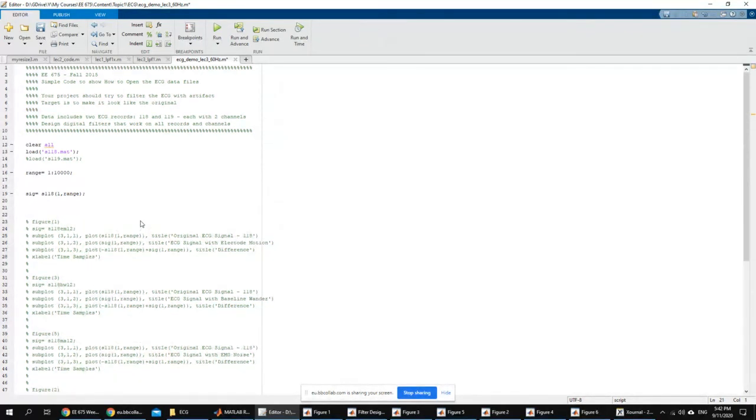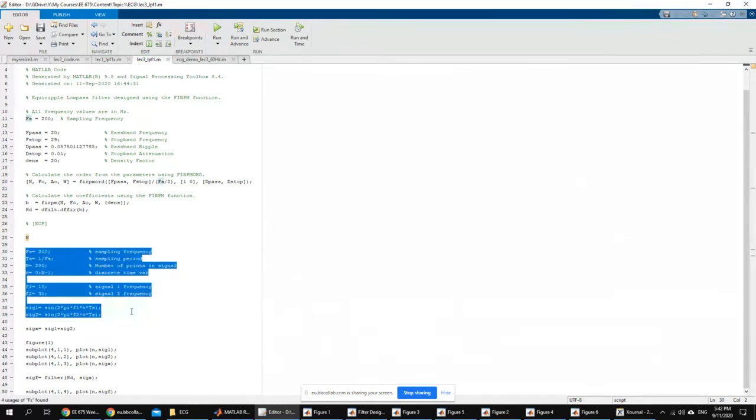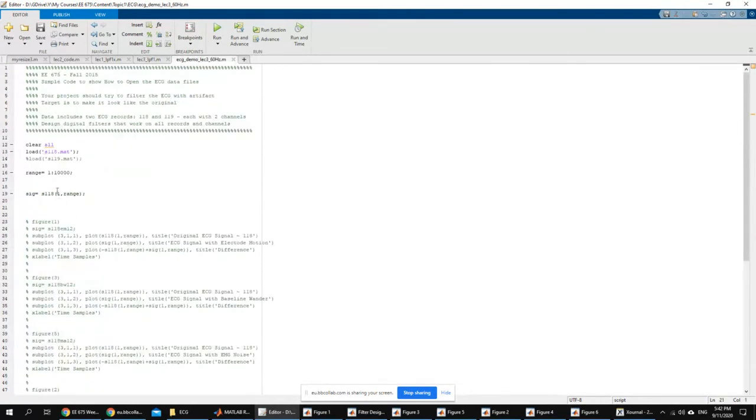And then I would like to add 60 hertz noise. If you remember from what we did here, we simulated a signal with a frequency. So I'm just going to take the same thing that we did before, the simulated signal, and paste it here. This is the original signal.